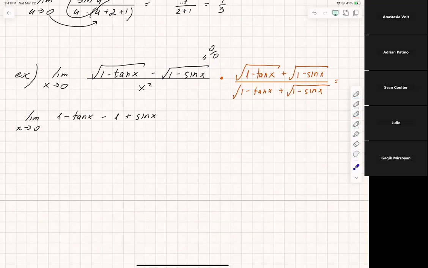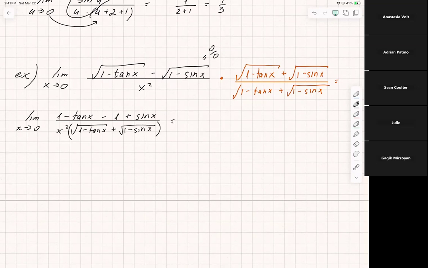Don't forget that. If you want, you can do it step by step, keep the parentheses and then open the parentheses and get your positive. But if you get a negative here, that will be a mistake. Divided by x squared times square root of (1 minus tangent x) plus square root of (1 minus sine x), like that.